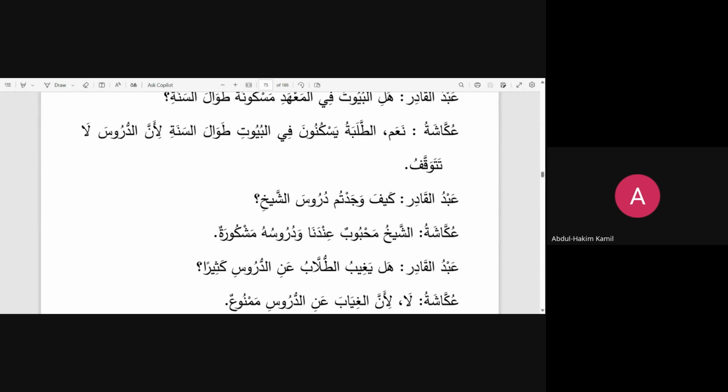So mahbub is ism maf'ul. Mashkura is ism maf'ul. Why is there a ta on mashkuratun? الشيخ محبوب. The Sheikh is beloved. ودروسه مشكورة. His lessons are appreciated from thanks. Right. And there's a ta on mashkuratun because durus is plural.